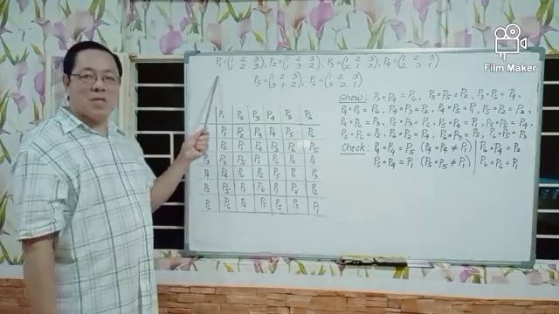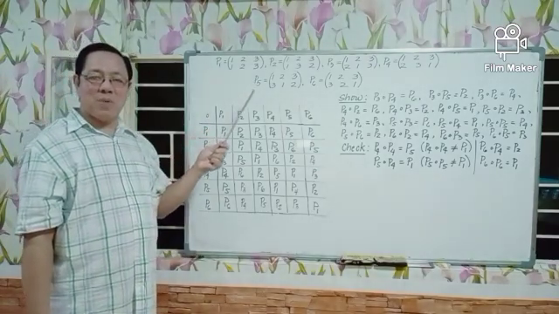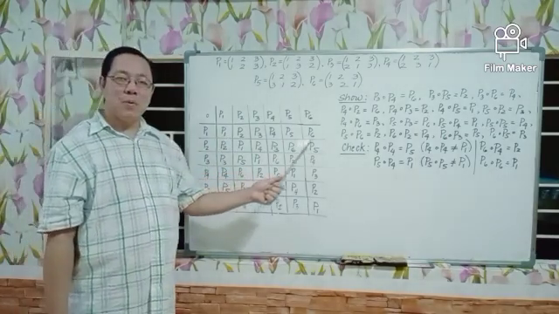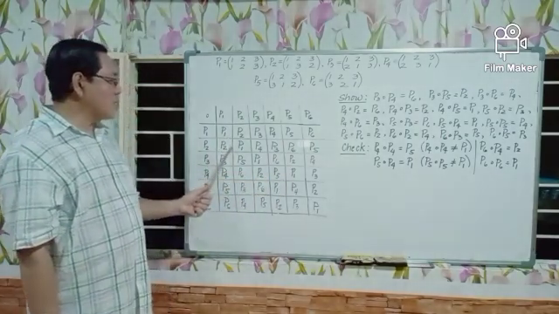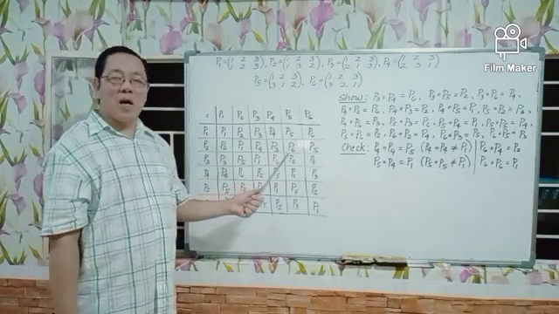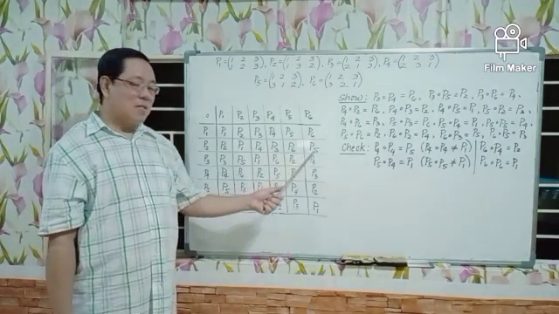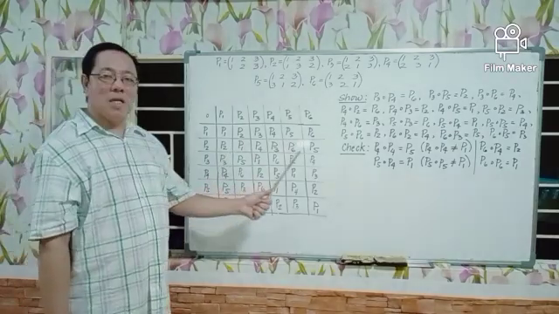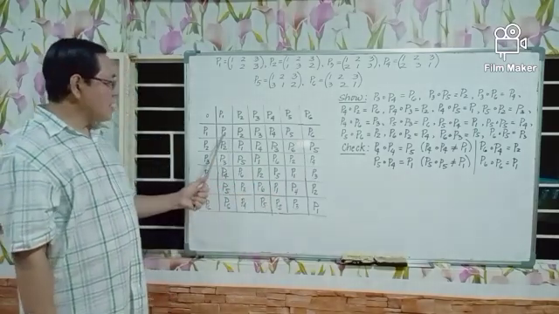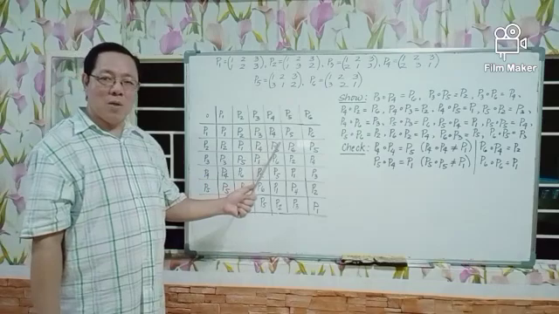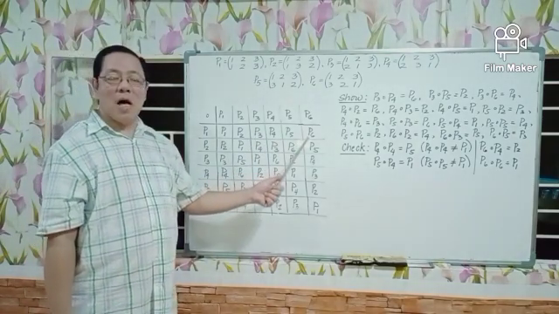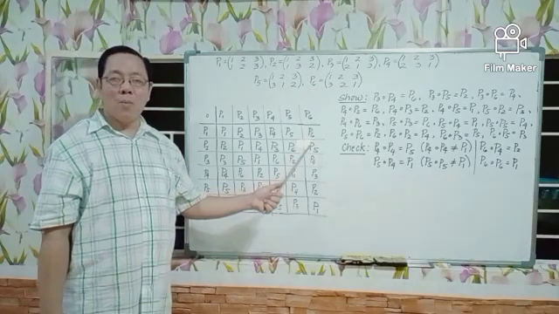The elements of G are the functions p1 up to p6, and by inspection of each row, you can see that each element, each function p1 up to p6, appears exactly once in each row. There is no row in this table where you can see a function appearing twice or more than once.